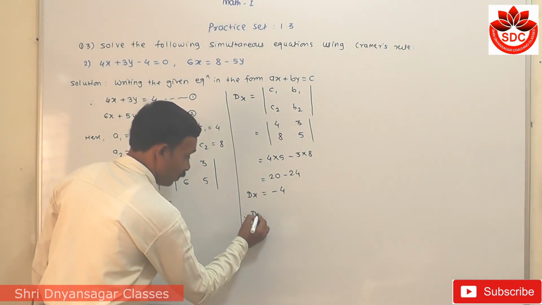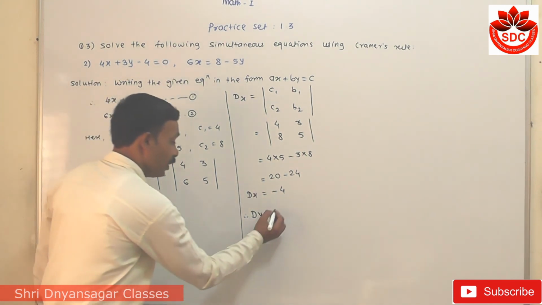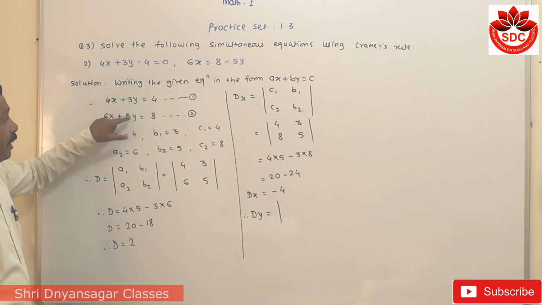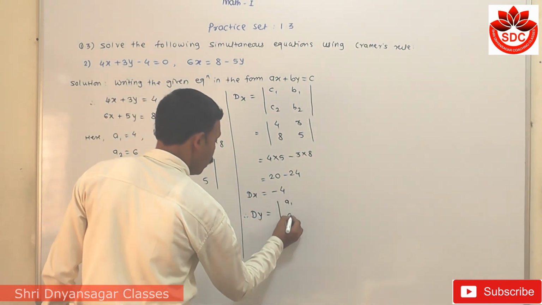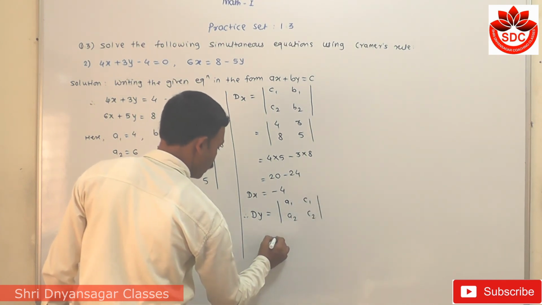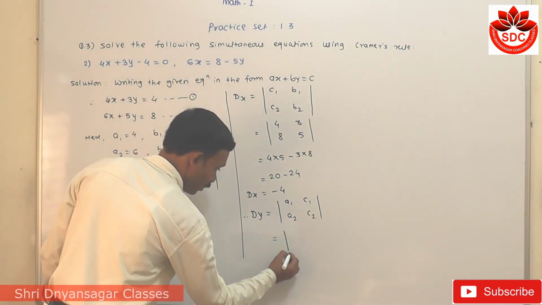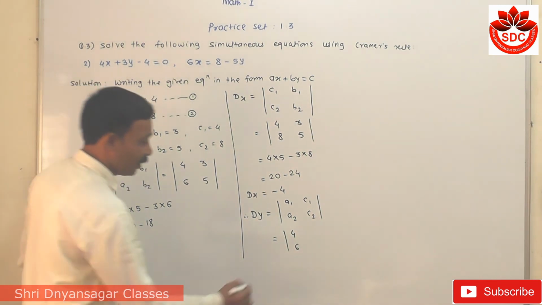Therefore, we can find out the value of determinant of y. Now here the formula is replacing b1 b2 by c1 c2, so that a1 a2 c1 c2. Now substitute the values here. The value of a1 a2 is 4 and 6, and c1 c2 is 4 and 8.